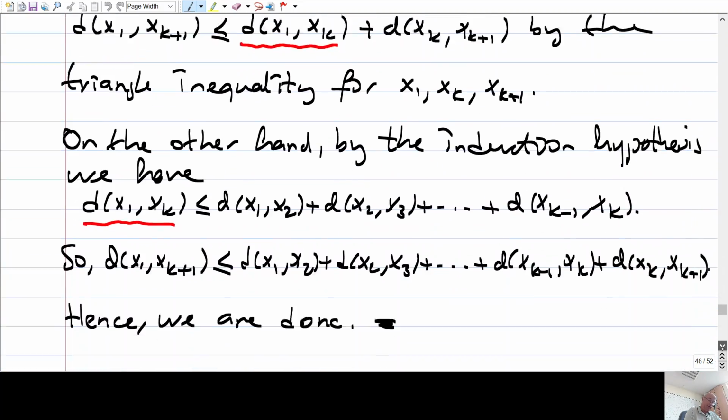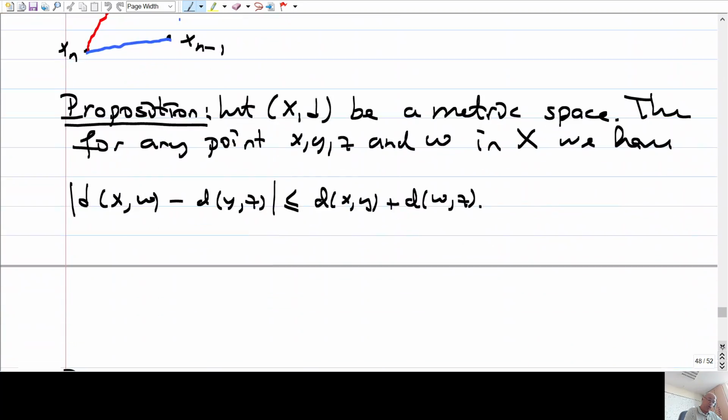We did this last time, and we also proved this inequality. In a metric space, whenever you have 4 points x, y, z, w, then you have this inequality. Here you have x, w, y, z, which are different elements, and here you have mixed terms, x, y, and z, w.